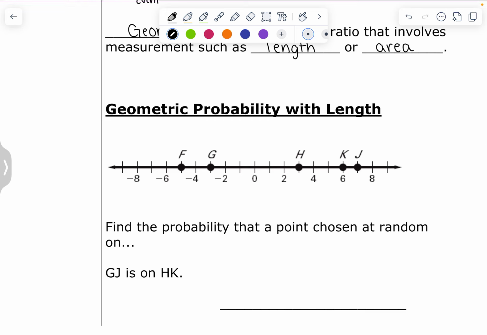Geometric probability with length. For this problem, we have to find the probability that a point chosen at random on GJ is on HK. So you're going to need a highlighter, so please grab a highlighter. But first, we're going to make a box around GJ.